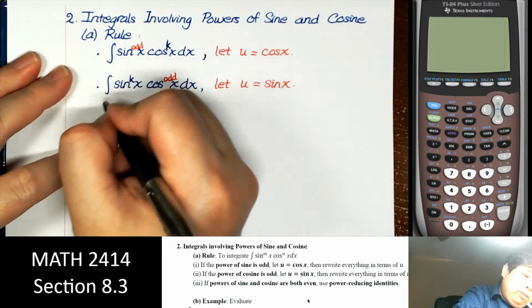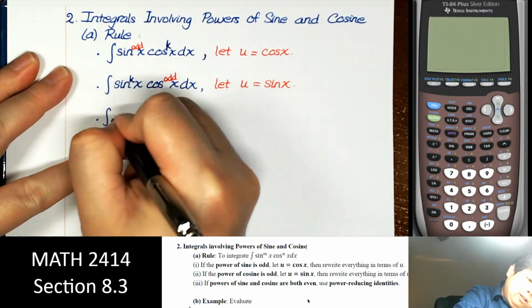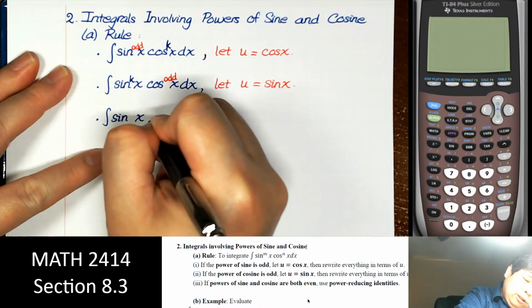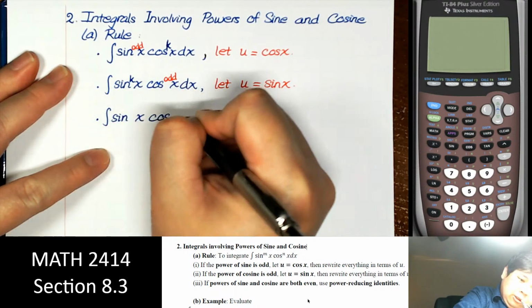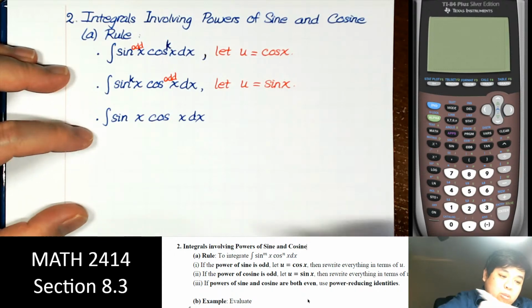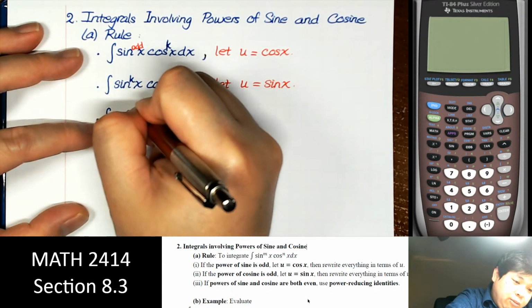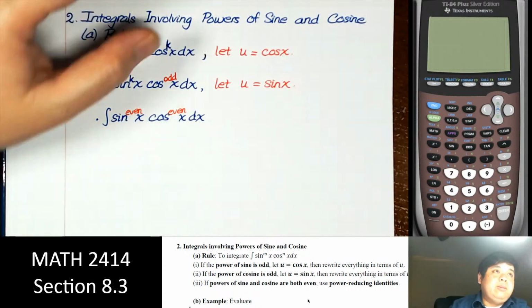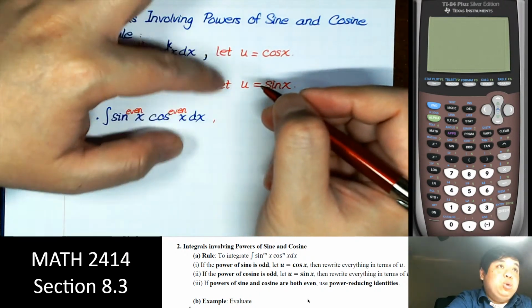Now if both of them are even powers, we cannot use this.